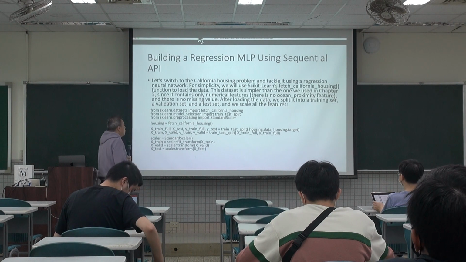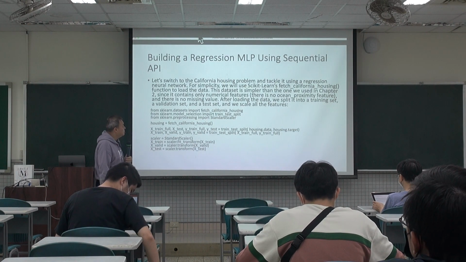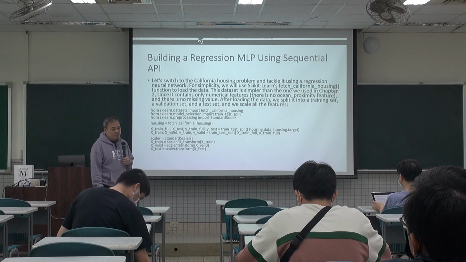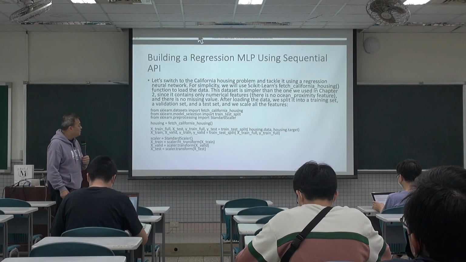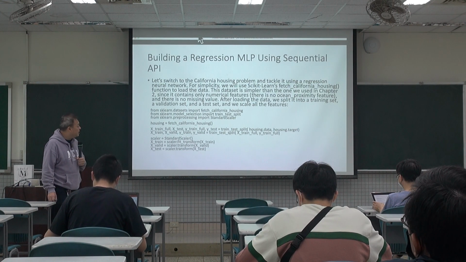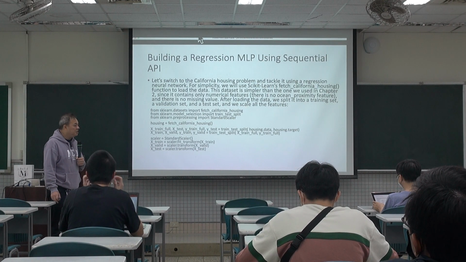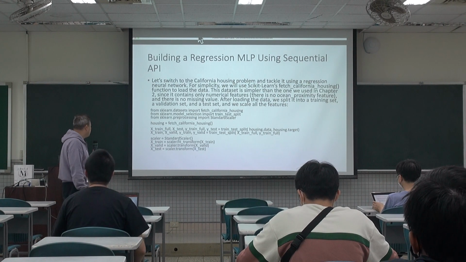So we can obviously also use the sequential API to create the model for the regression task. I already explained what the regression task is, right? So basically you need to predict, or regress, a number from this model.